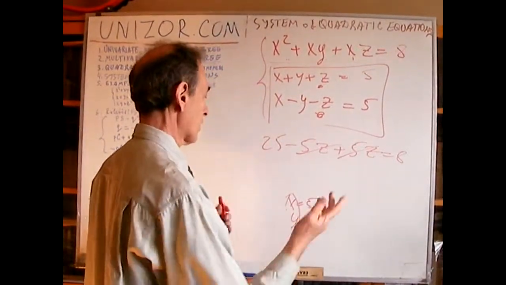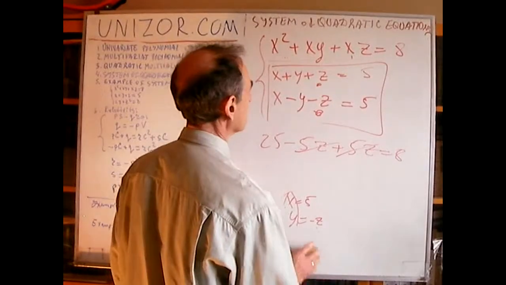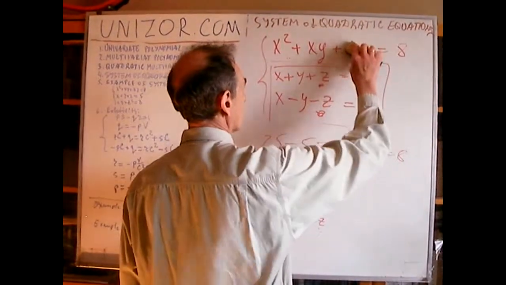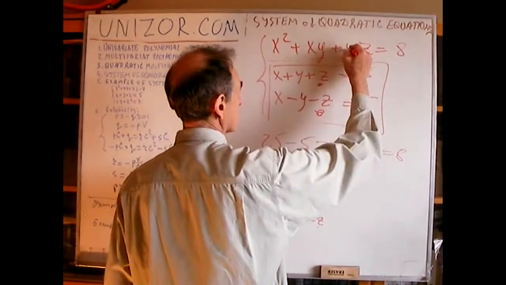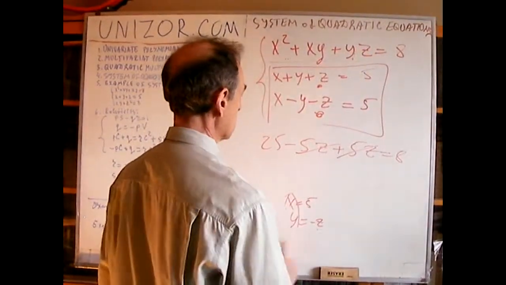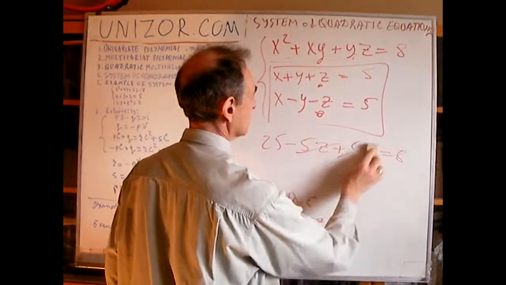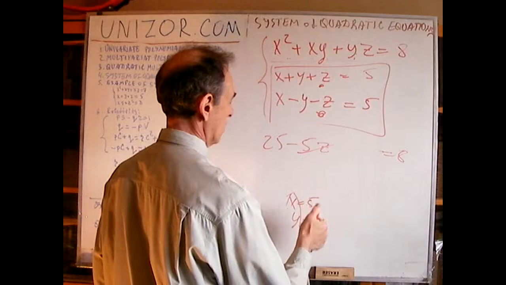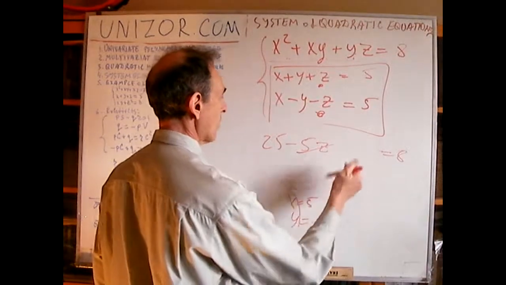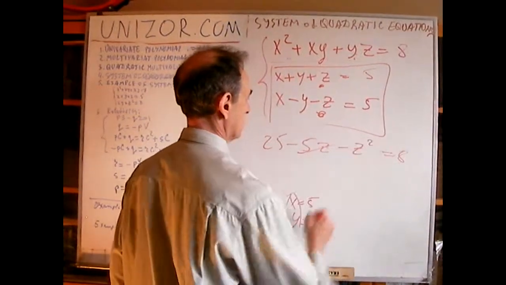However, if I were to do it somehow differently, let's say this is, instead of xz, yz, for instance. I don't know what happens. Let's see. In this case, instead of 5z, I will have plus yz is minus z squared, right? So it's minus z squared.